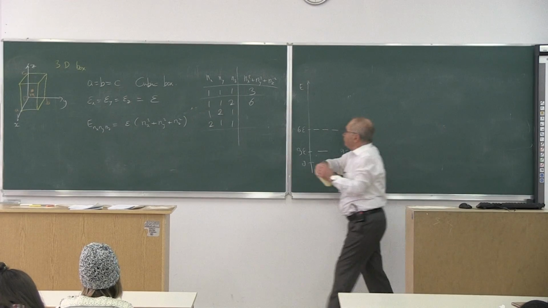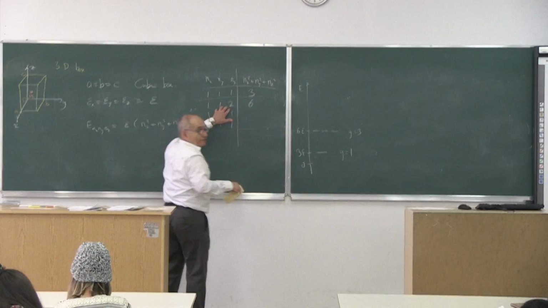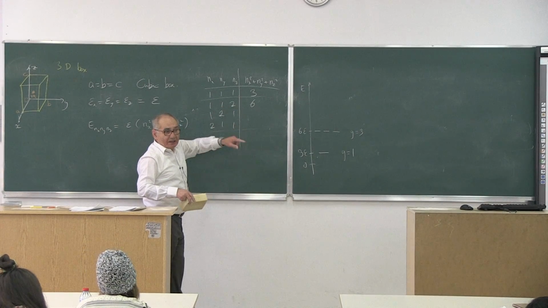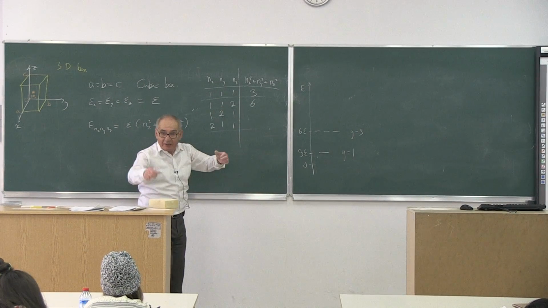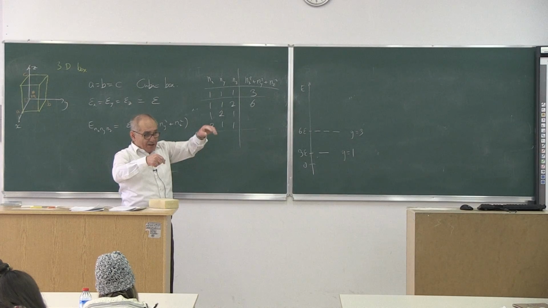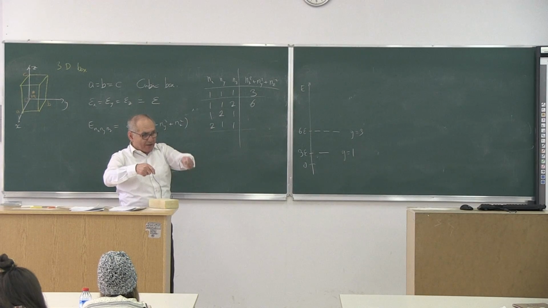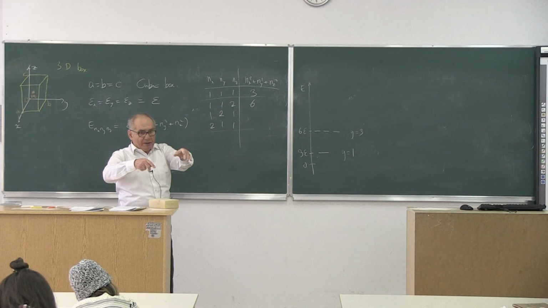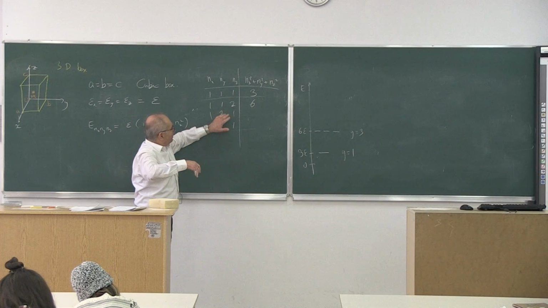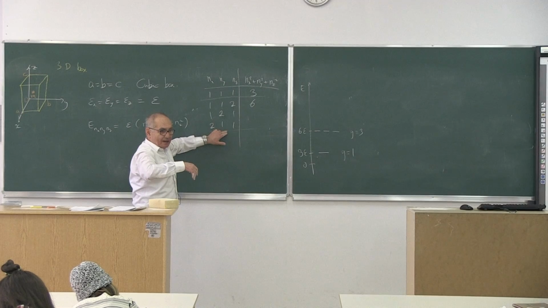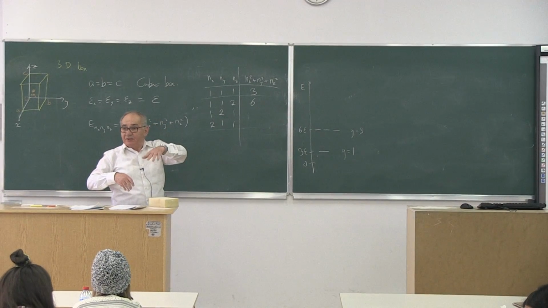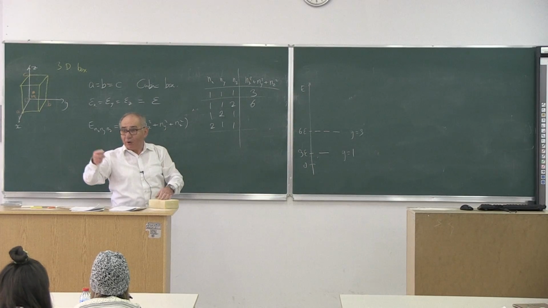Because this selection for nx, ny, nz will give a different state function. State function is a product: X factor times Y factor times Z factor. All right? This selection will give a different function than that selection, than this selection, which means there are 3 different state functions, all with the same energy.